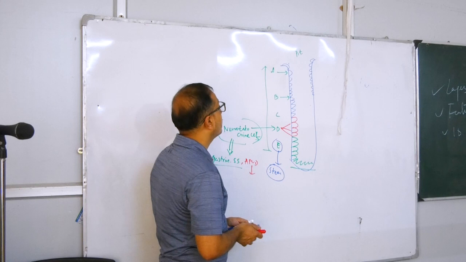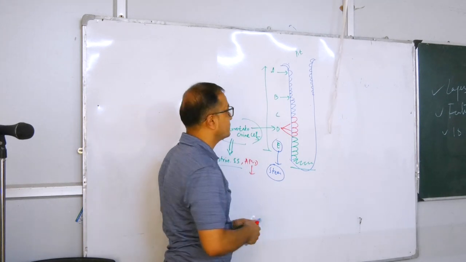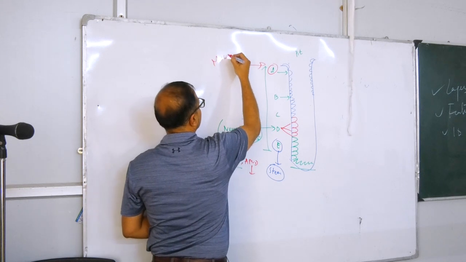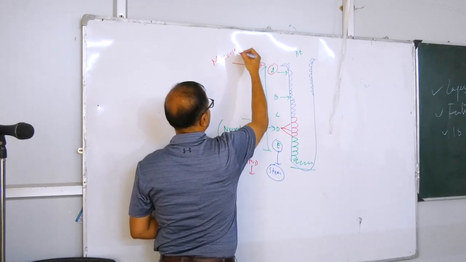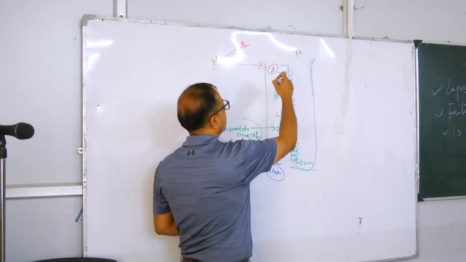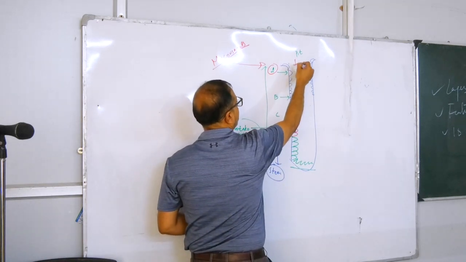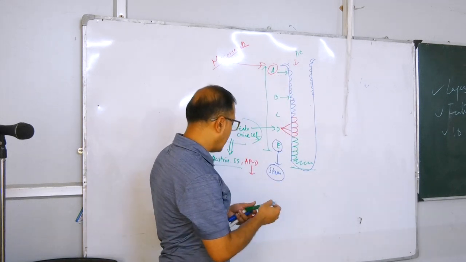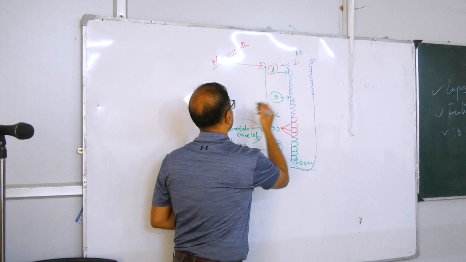Let's move to the upper part. We have the A type of cells. These A types of cells are mucosal cells. They are secreting the mucus, which is present at the pit region of these glands. Then we have the B types of cells, which are present here.